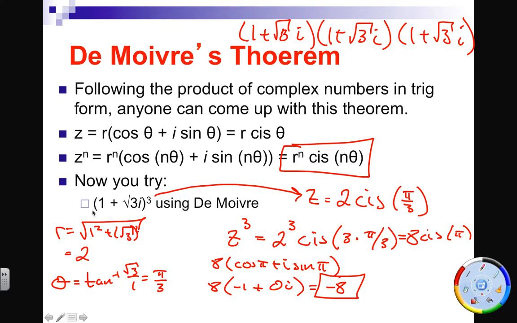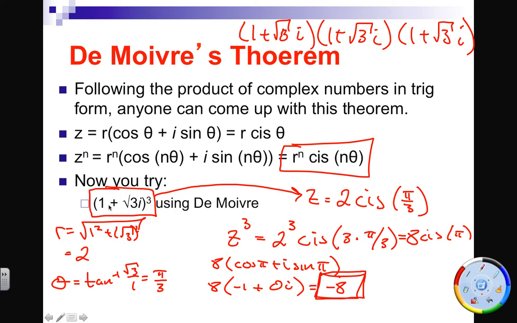So we just said that 1 plus √3i to the third power, done all the way down here in trig form, comes back with an answer of -8. And I want us to think about this for a second, because where we're going next is the other direction. Thinking about what does that mean? How does this compare to this?